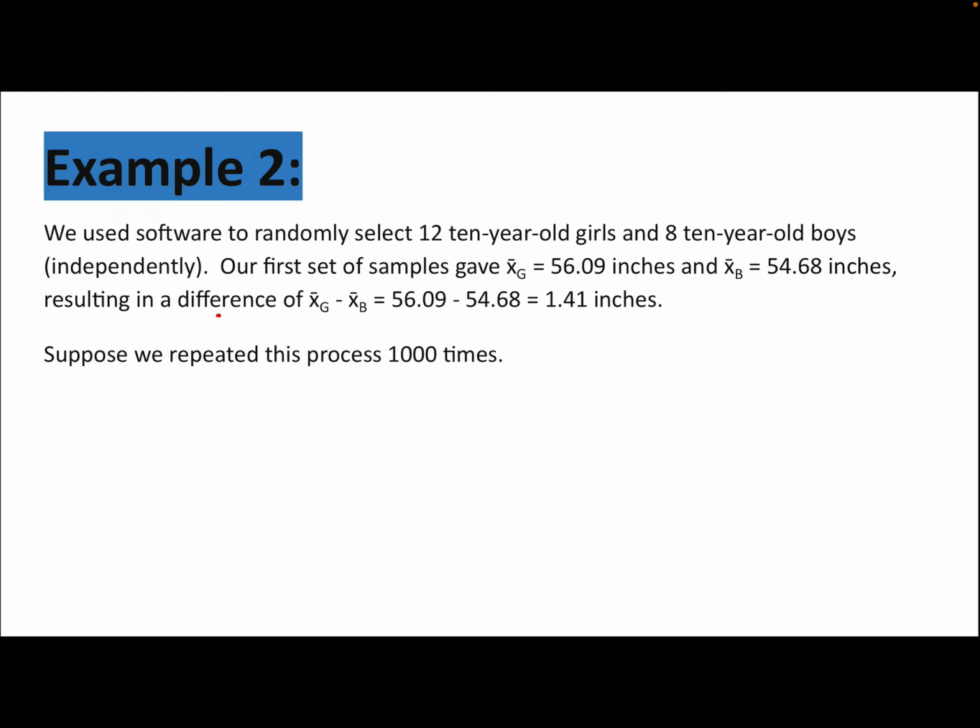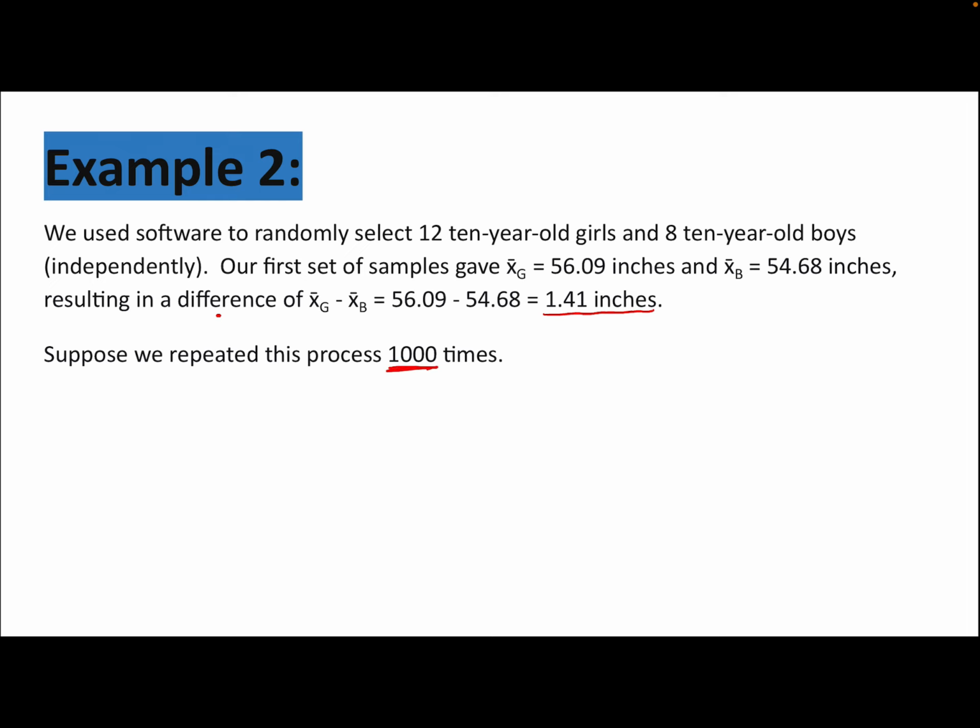Our first set of samples gave us a mean for girls' heights of 56.09, with a standard deviation of something. And then the x bar for boys was 54.68 with a standard deviation of something, resulting in a sample difference of 56.09 minus 54.68, so about a 1.41 inch difference. So in the sample, the girls' average was 1.41 inches taller than the boys.